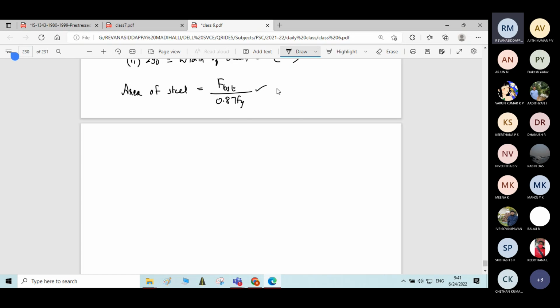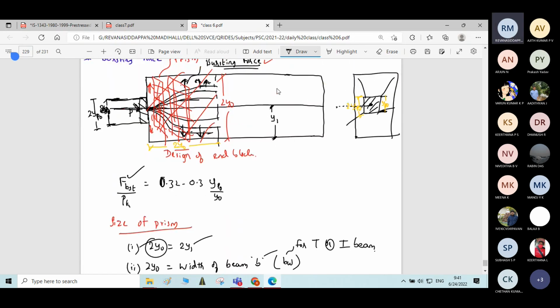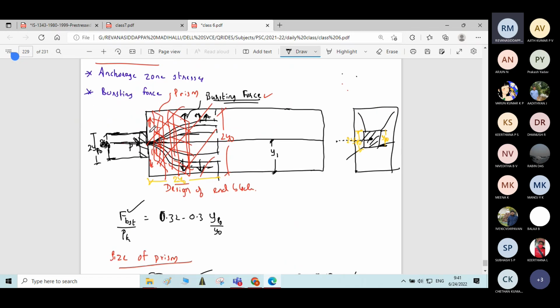After knowing the diameter and number of bars, you can sketch the reinforcement details at the end block. Sometimes in the question, you will also be asked to find the tensile stress in the vertical direction. As I said, tensile stresses are induced in the vertical direction due to compressive force in the horizontal direction.